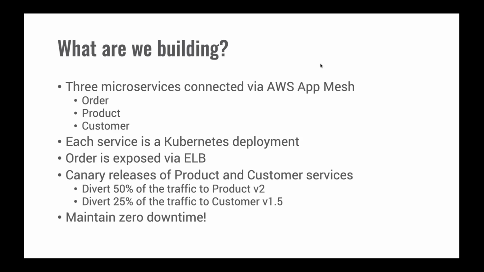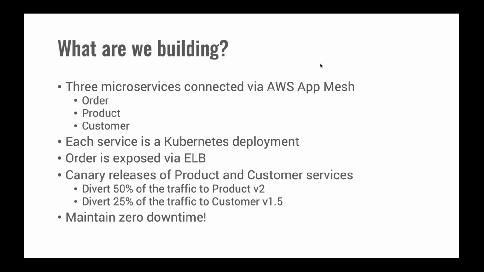And as we observe the overall feedback from the system, we will increase the traffic, and eventually we'll drive 100% of traffic to product V2 and customer V1.5, and then terminate the instances and delete the virtual node and associated routes from the first version. And all of this on the fly with no downtime and impacting the live deployment.